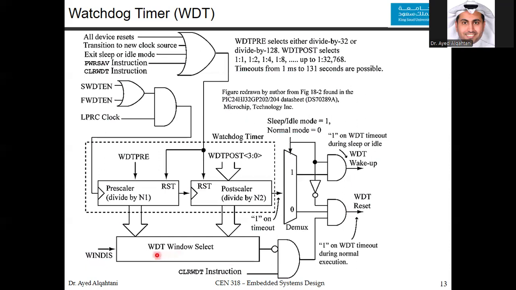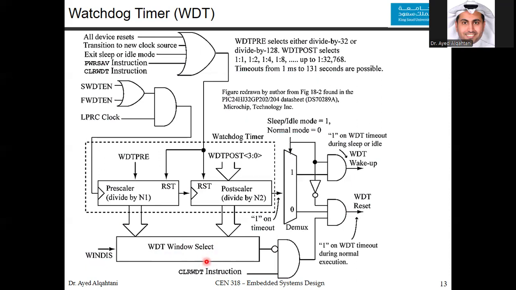So now in the window mode, it's like a safeguard here, where the watchdog timer can only be cleared in the last 25% of its timer operation, or in this window.